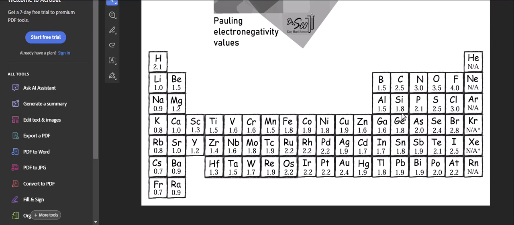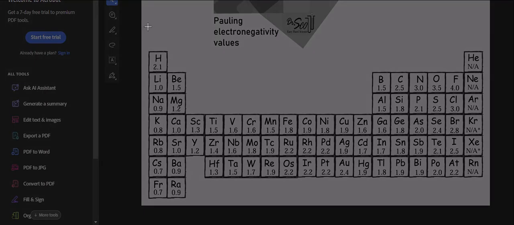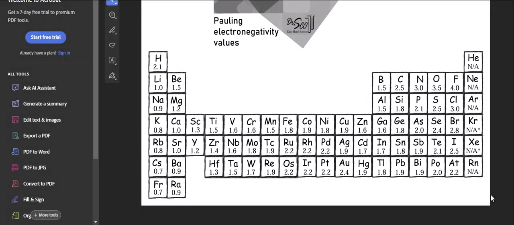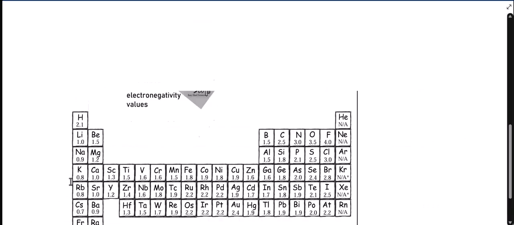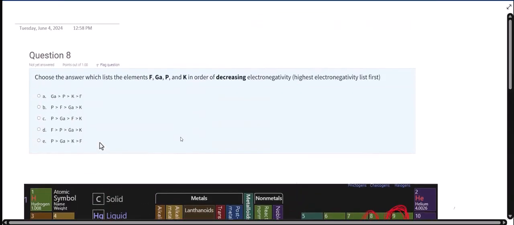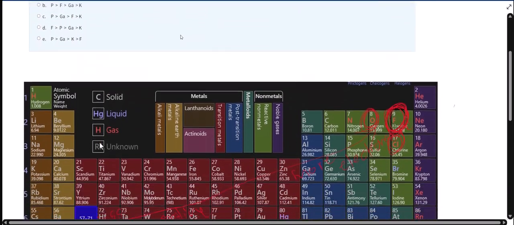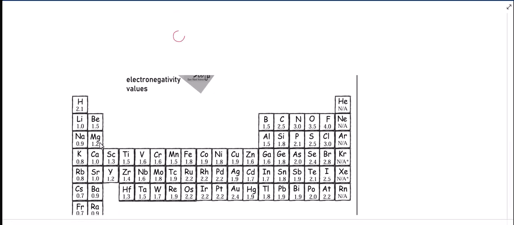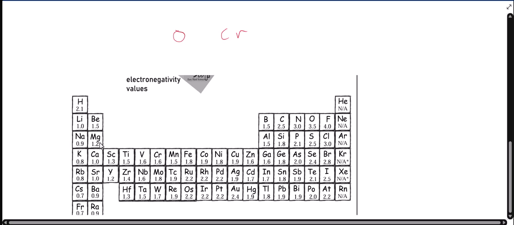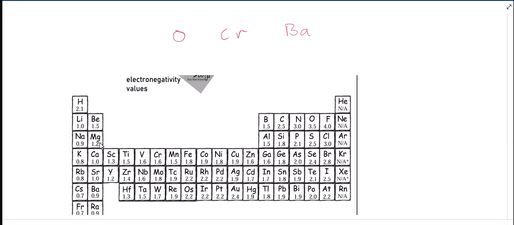So let's say that my problem, instead of the one that we had, was to list decreasing electronegativity, and let's say I had oxygen, chromium, barium, and sulfur.